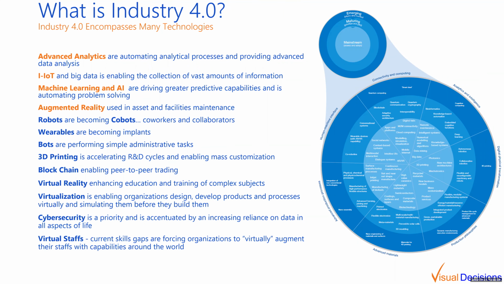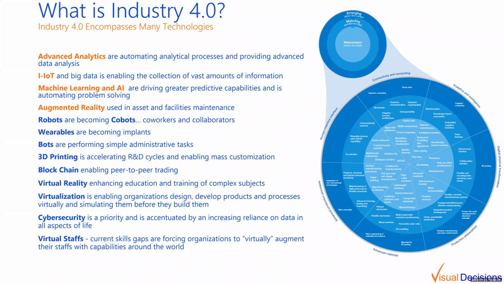So what is Industry 4.0? Well, Industry 4.0 encompasses a lot of different technologies. The graphic on the right side is a visual from the World Economic Forum that is a comprehensive look at the different technologies that are considered to be part of Industry 4.0. At the center are some of the mainstream technologies that are out there today.